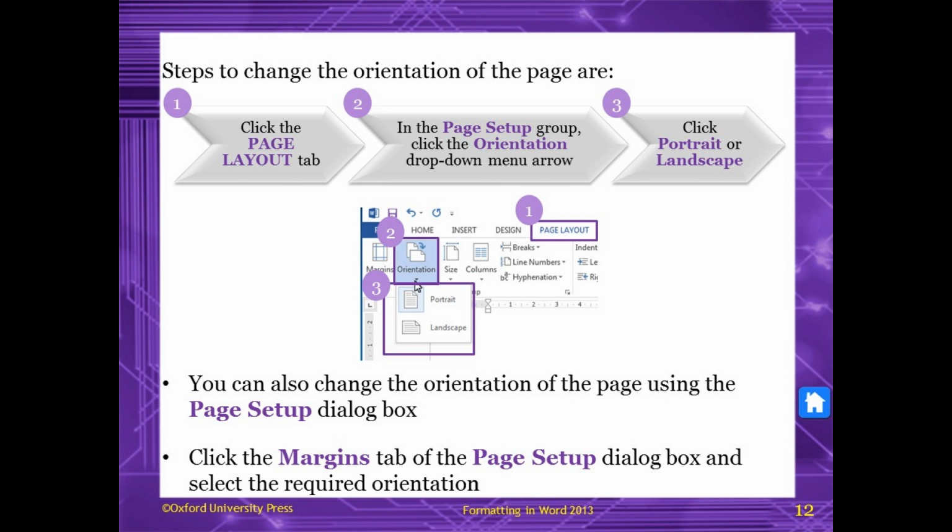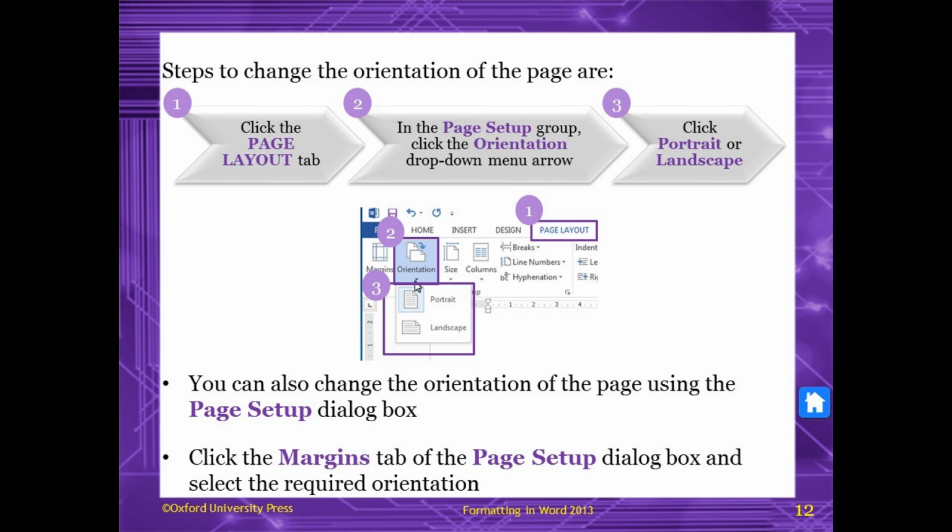If you want to change from portrait to landscape, just click on landscape, and the page orientation will be changed. In Word 2013 or any word processing software, the default page orientation is portrait.